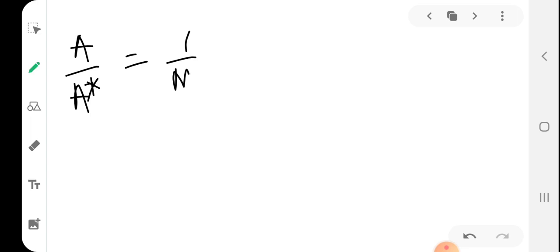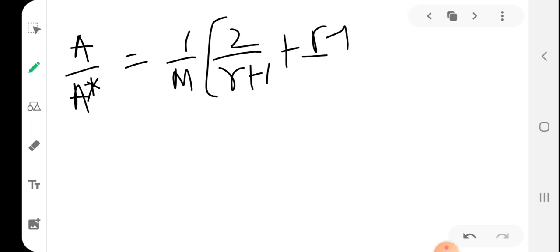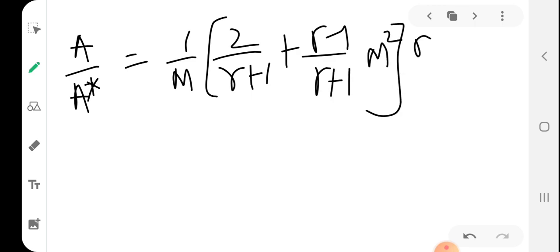A by A star equals 1 by M into 2 by gamma plus 1 plus gamma minus 1 by gamma plus 1 M square, raised to gamma plus 1 by 2 into gamma minus 1. Okay, so this is the equation for A by A star.